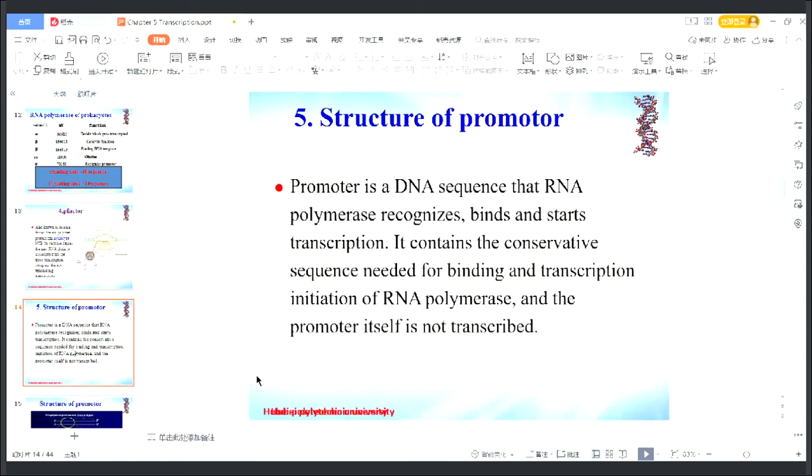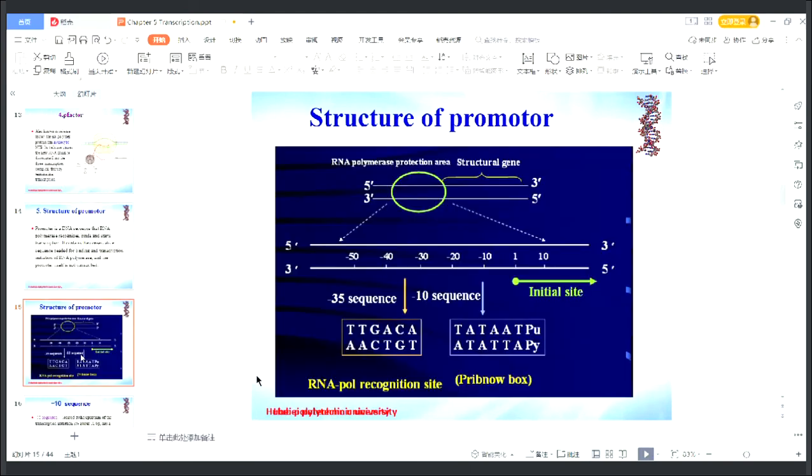Here we just studied several sequences already studied very thoroughly: the negative 35 sequence and the negative 10 sequence, which we already studied in the first chapter.